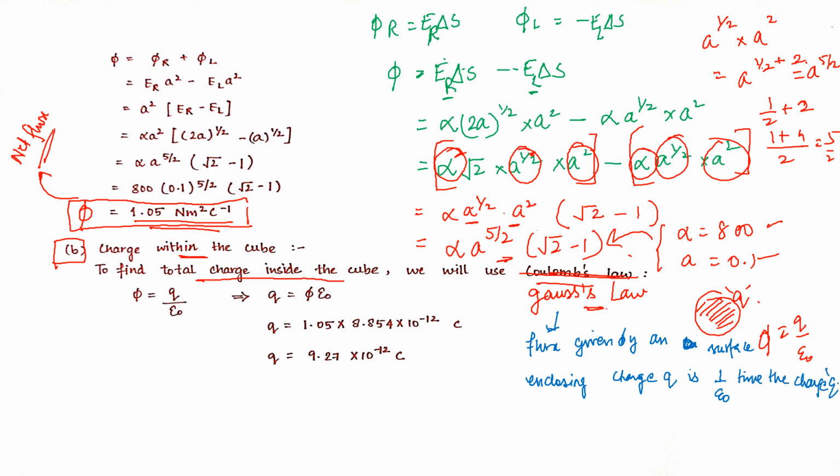So this is how we get xi equals 1 by epsilon naught into the given charge q. This is Gauss's expression, so we will be using this Gauss's expression.